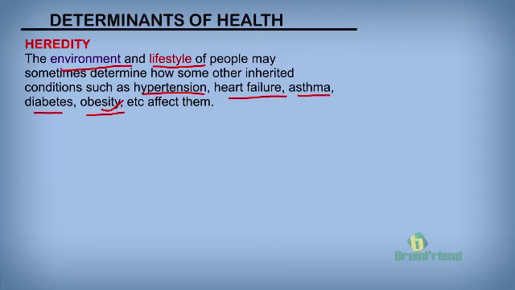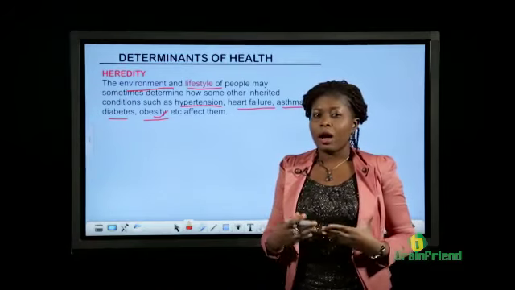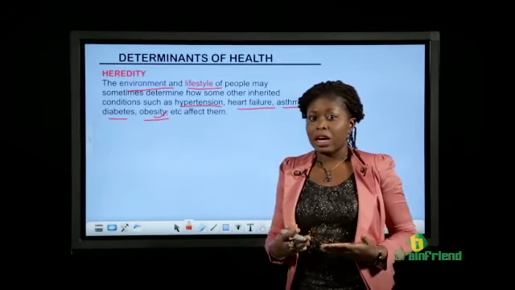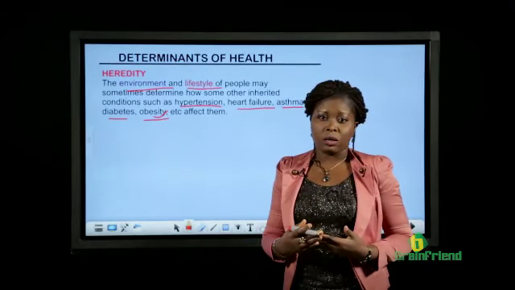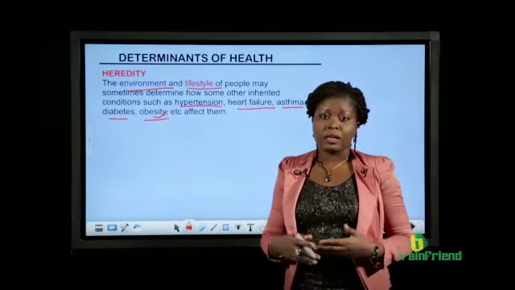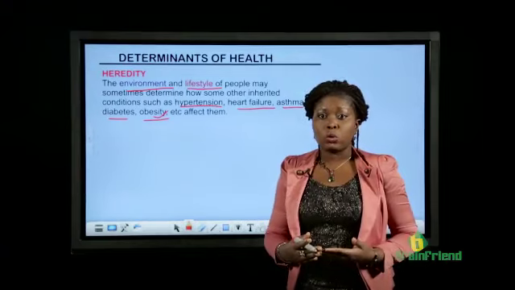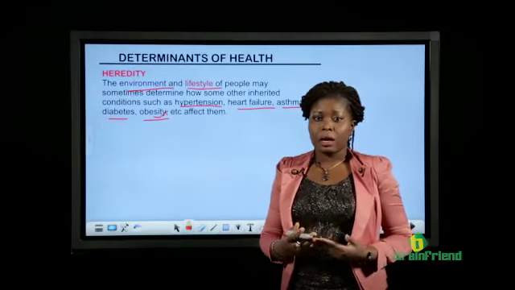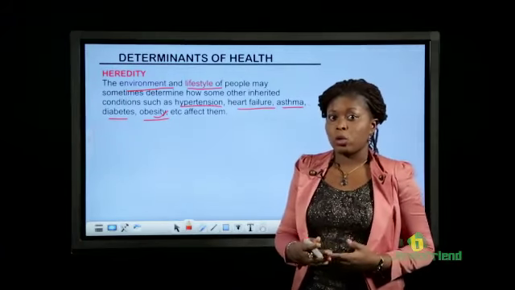Some people who have obesity as a health condition in their families, their environment and lifestyle can determine how this obesity affects them. For example, if they have a lifestyle where they may perhaps lack exercise or do not eat healthy diets, the possibility that this condition would increase and cause severe health condition to them will be there.